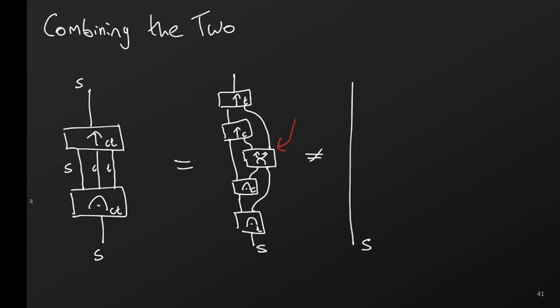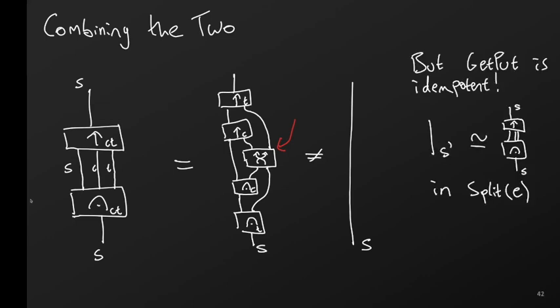But it turns out that the axioms we've given are enough to guarantee that this get-put map is an idempotent. So in this way, it exists within the Karoubi envelope category. So what we can do is now move from the system S originally to the system S prime, where we've done these get-put maps.